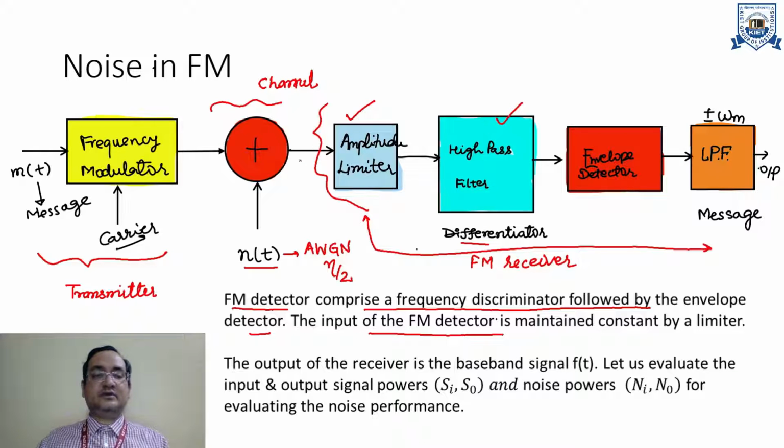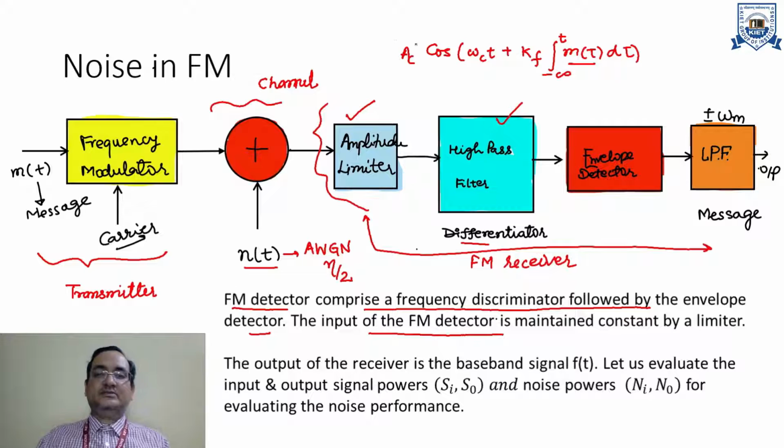Basically, when the signal is transmitted, the envelope is just constant for FM, because its value is always AC. As you know, AC cos(omega_c t plus k_f, the frequency sensitivity, times the integral from minus infinity to t of m(tau) d tau) is the generalized expression for a frequency modulated signal with message signal m(t).